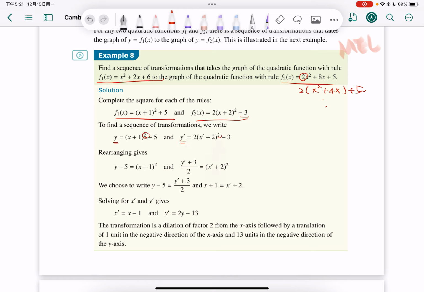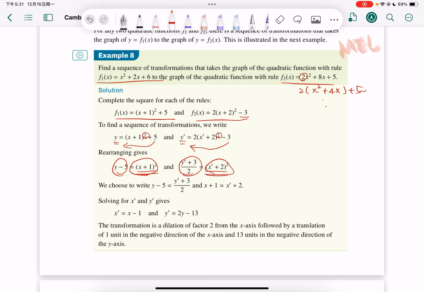the square. Then we want to move the 5 and the 3 to the left hand side to make the right hand side look better, leaving only a square, and the left hand side only y, the right hand side only x.